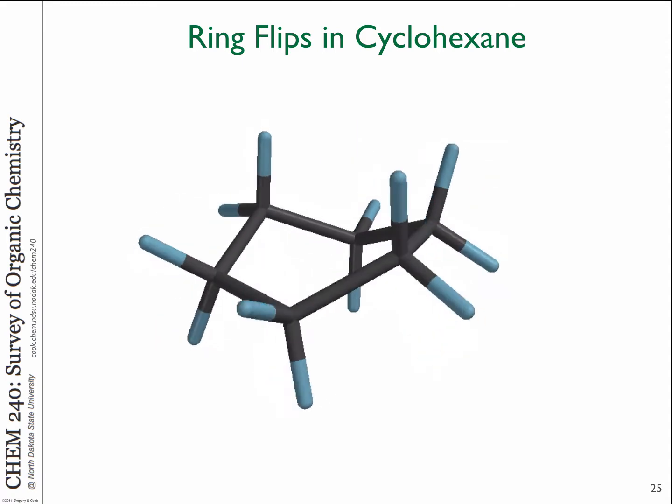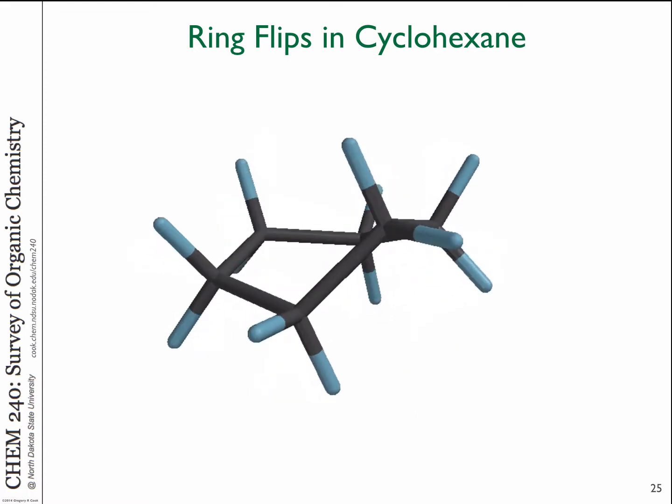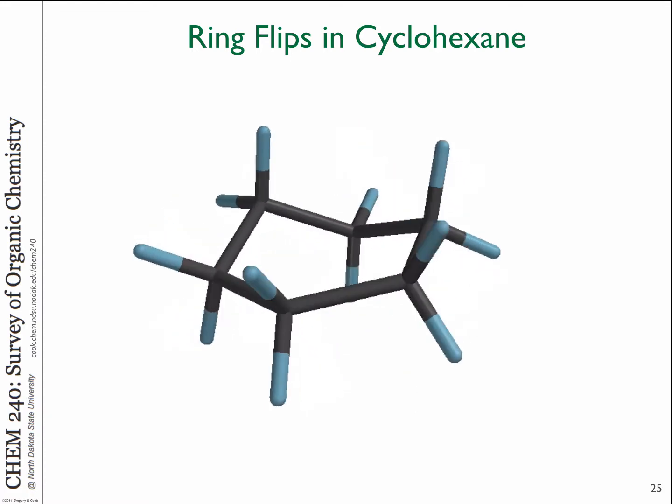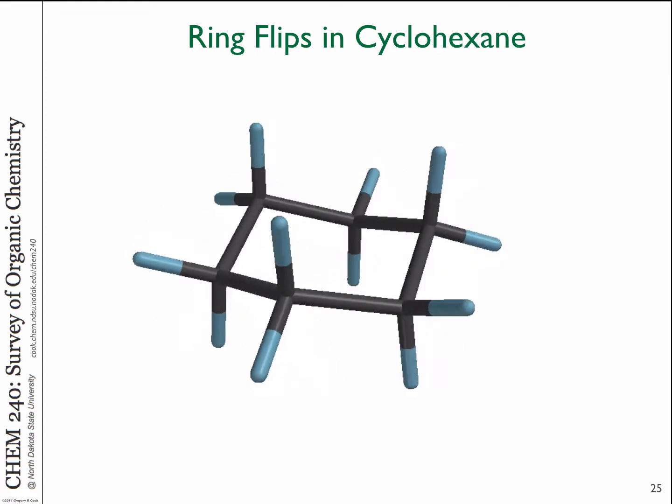When you have ring structures large enough to give a little bit of movement like this, from one chair structure to the other, you go up in energy and down. I'll show you an energy diagram in a few minutes.